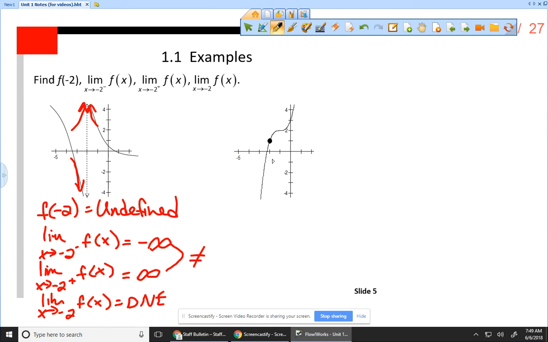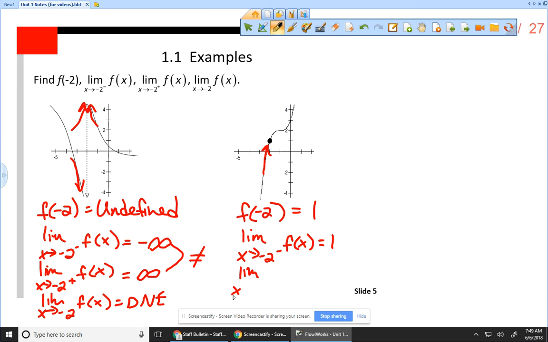All right, let's look at this example on the right. F of -2. All right, we are looking for the y value when x is -2, which is 1. Let's go to the limit as x approaches -2 from the left of f of x. So as we move along the curve from the left, we are approaching a y value of 1.